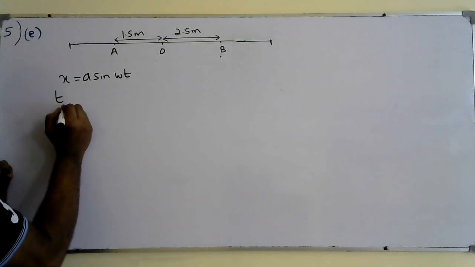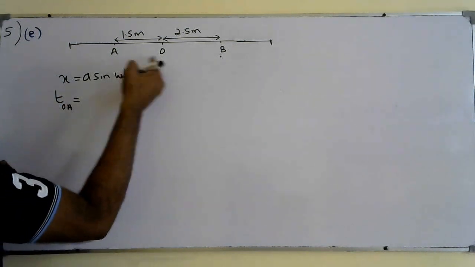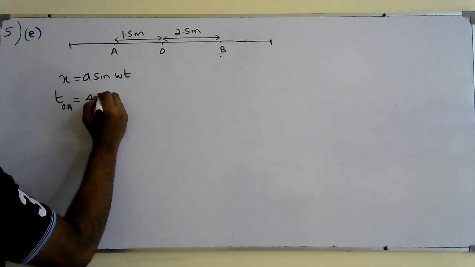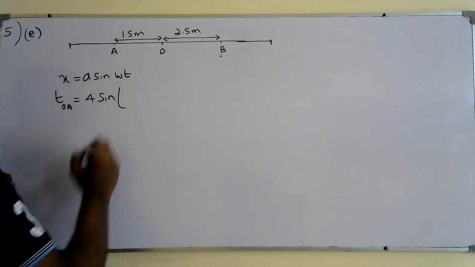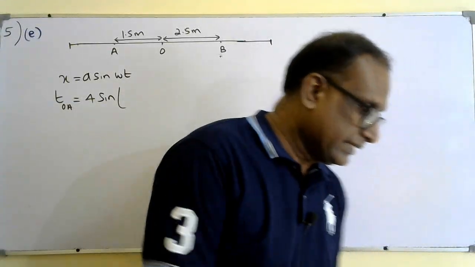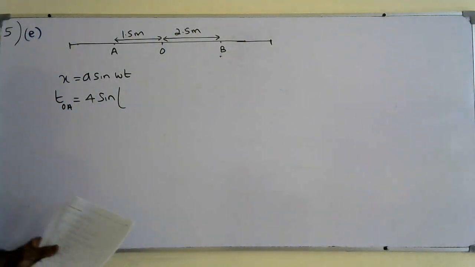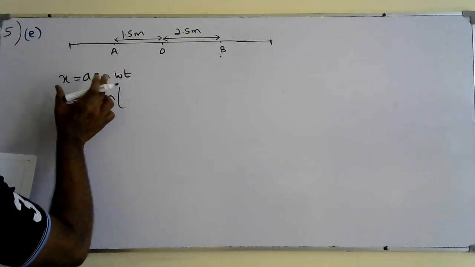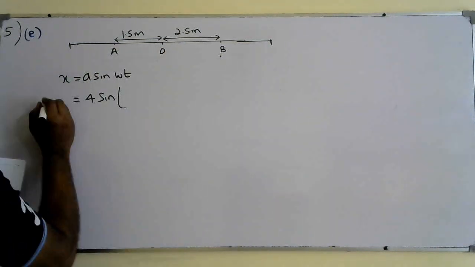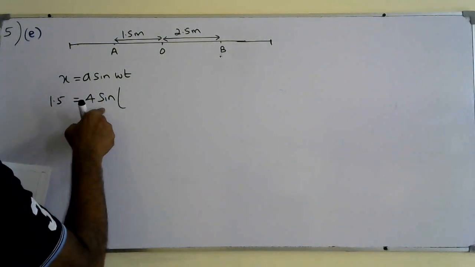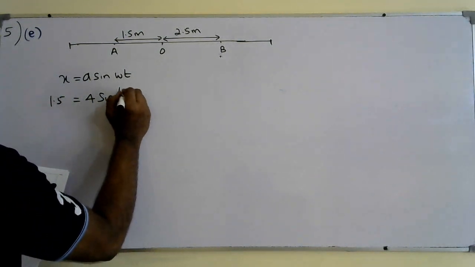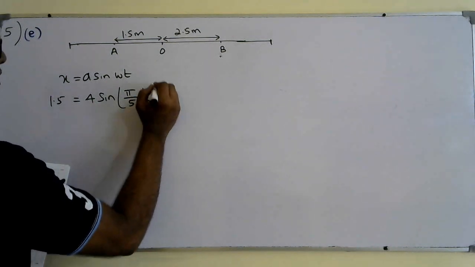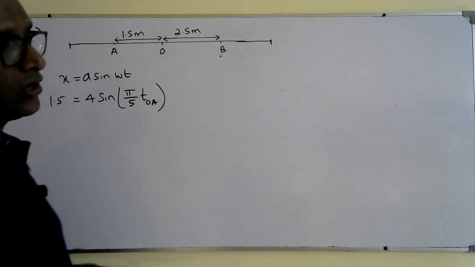So for O to A, amplitude you know, 4 sin omega; omega we found it, pi by 5. So x for O to A is 1.5 equal 4 sin pi by 5 times T OA. We will find time OA, not AO.